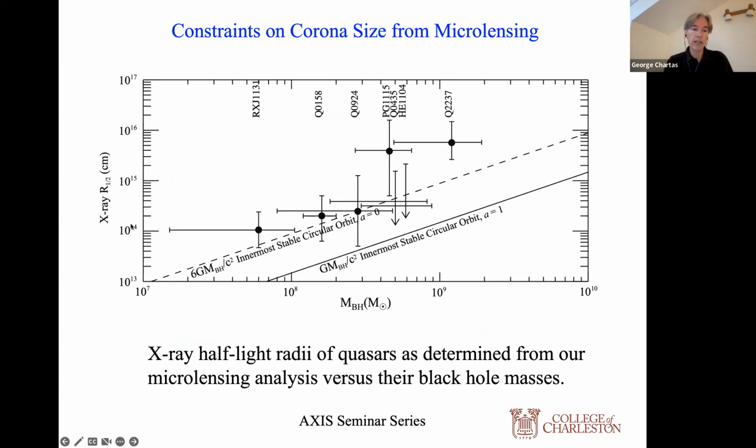On the y-axis, I'm showing the half-light radius of the X-ray emitting corona, and on the x-axis, the mass of the black hole for several black holes for which we applied this technique. And you can see that the corona size is very compact. The dashed line is 6Rg. So essentially, it's the innermost stable circular orbit for a non-spinning black hole. So these hot coronae are very compact.